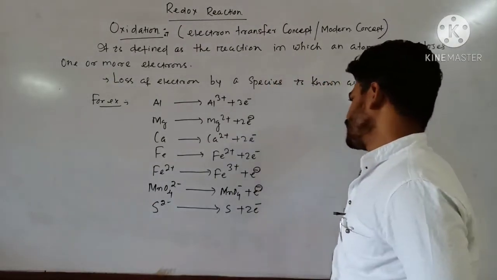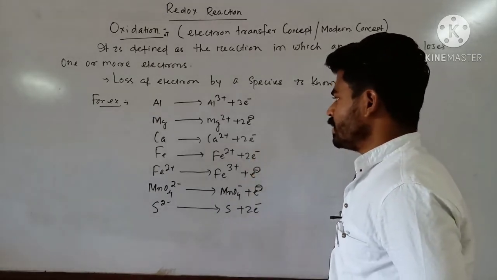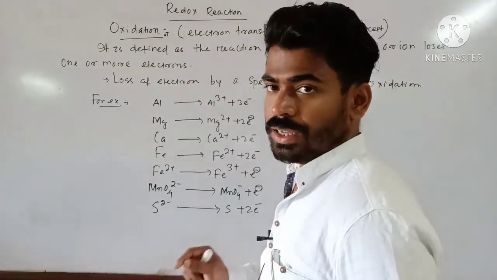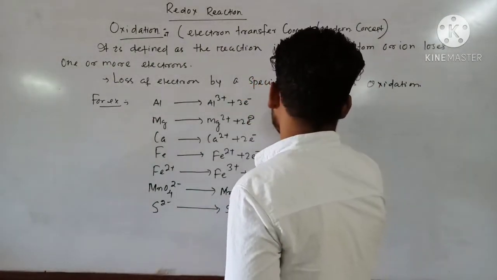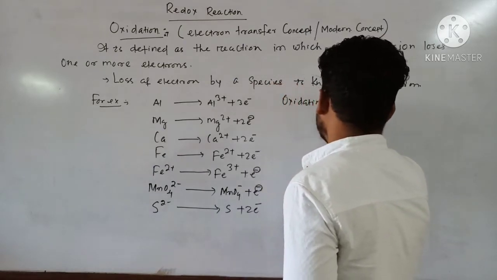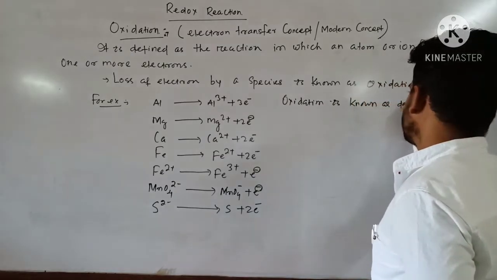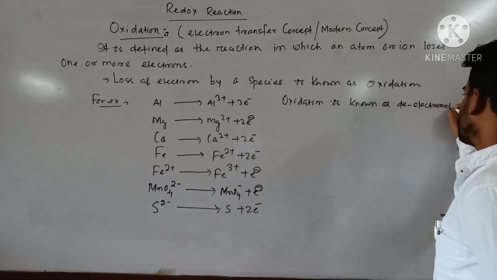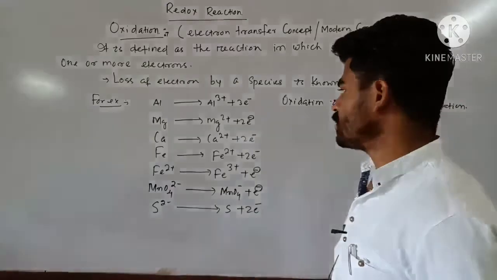Since in all these processes electrons have been lost, the process of oxidation is also known as de-electronation. De-electronation means removal of electron or loss of electron.